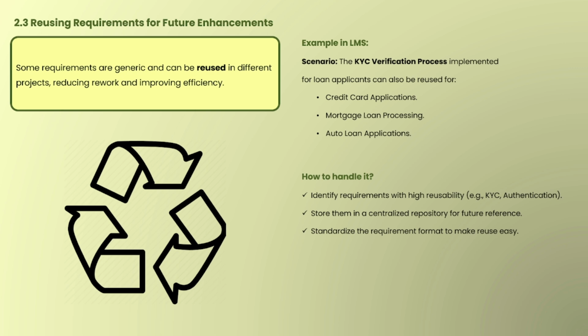KYC is kind of an audio call received by the customer. Then their other proofs are identified, signatures are identified. All this is included in the KYC verification. If this is implemented during the loan application, then it might be applied to other products as well.